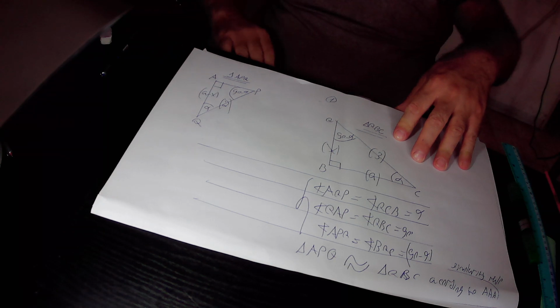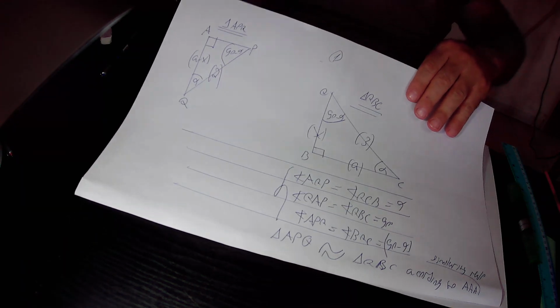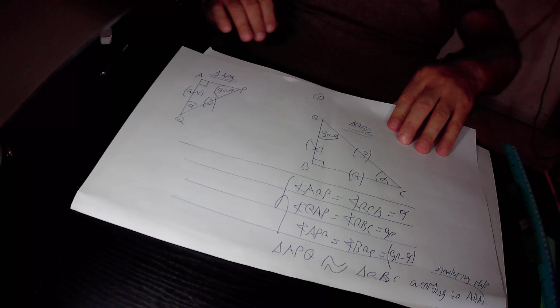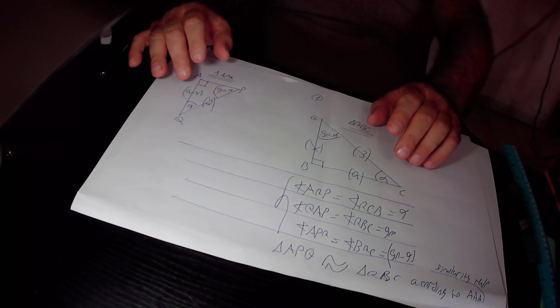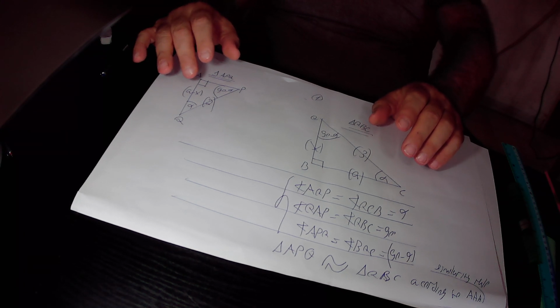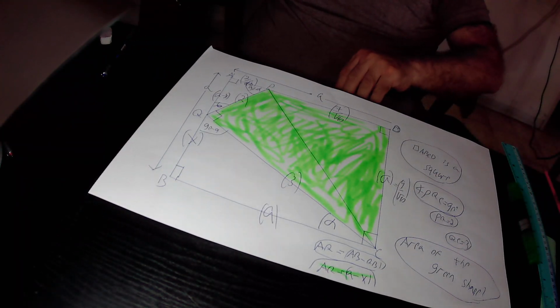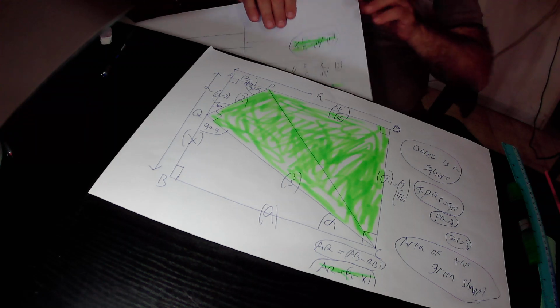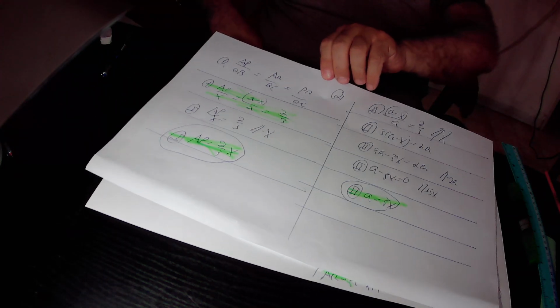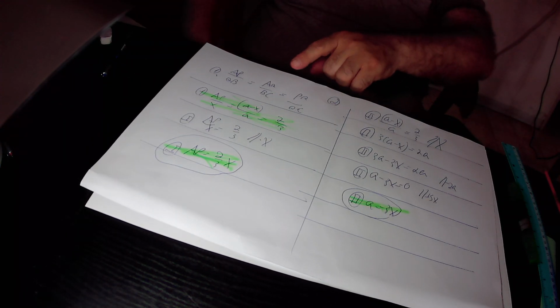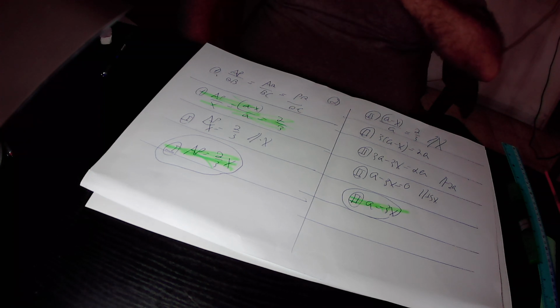From the fact that those two right triangles are similar to each other, we derive the following relationship between their sides: AP over QB equals AQ over BC equals PQ over QC.